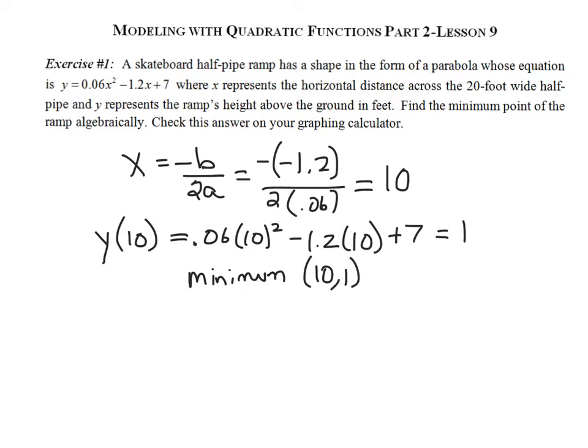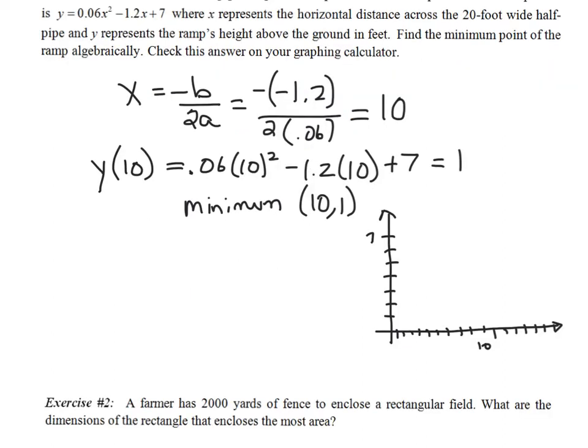Now, what does this mean on my graph? Pause the video for a few minutes, set up an axis like I've done, and then type this equation into your graphing calculator. In our calculator, I'm going to change my window around.